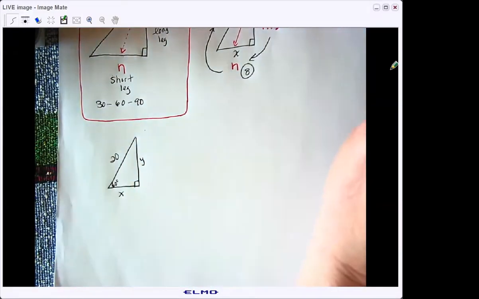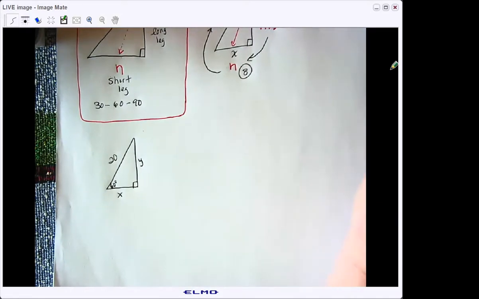So 20, x and y. Labeling first. I need to find my 30-degree angle, but I wasn't given my 30-degree angle. I was given the 60. So what do I do?